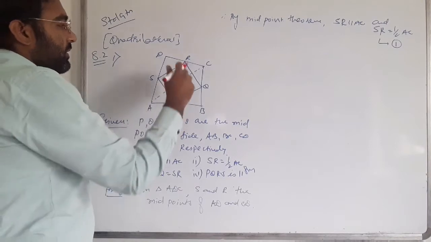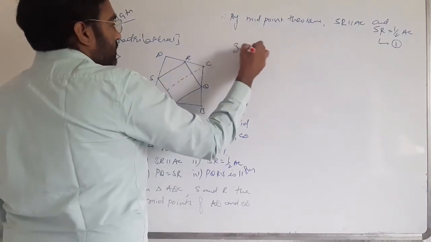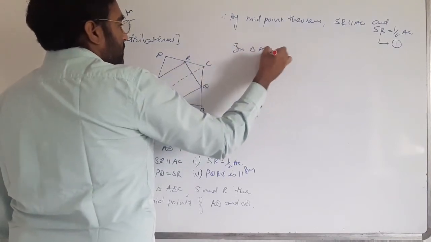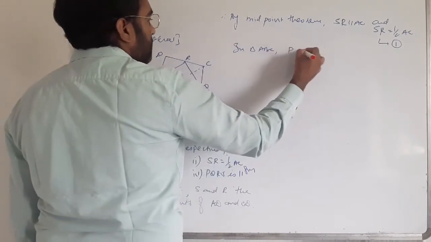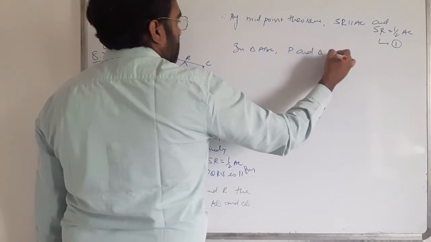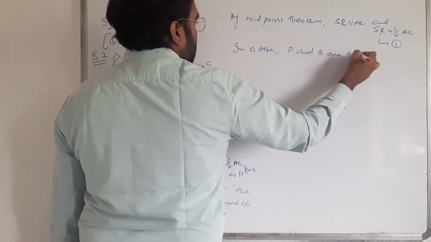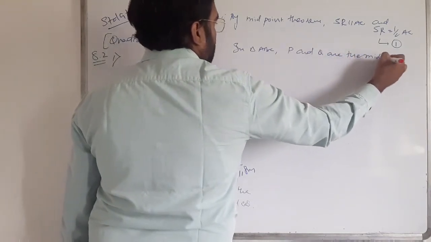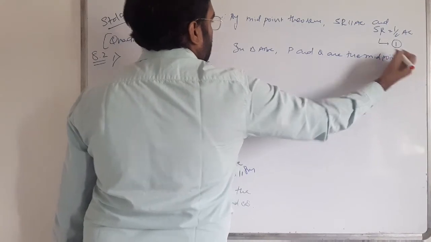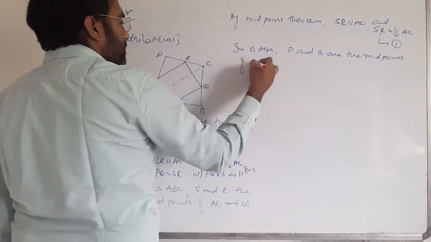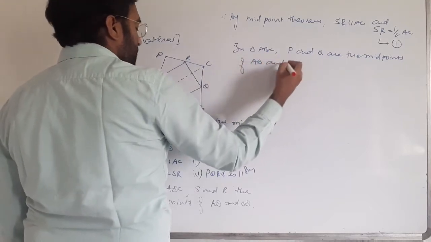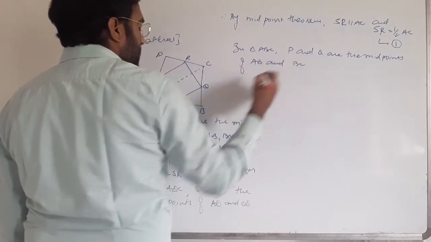Now in triangle ABC, P and Q are the midpoints of sides AB and BC.